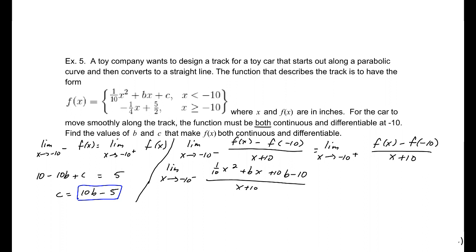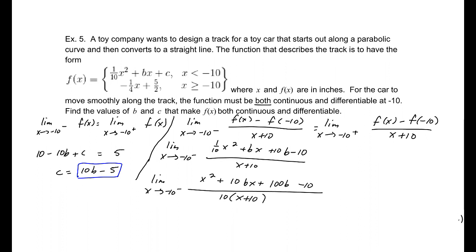Clearing the fractions there, we'll do that so that we can factor this, possibly. x squared plus 10bx plus 100b minus 10 over 10 times x plus 10. And if we take the limit from the left, notice we have to look at the limit from the left and the right because this is piecewise. That's an important thing.